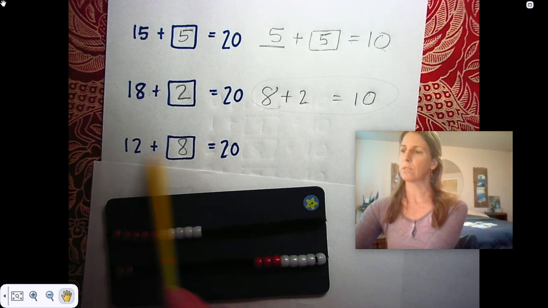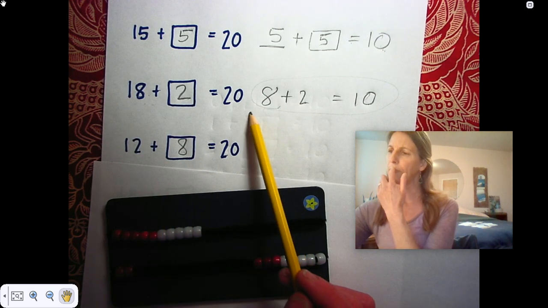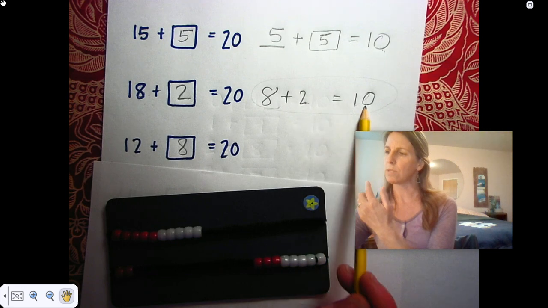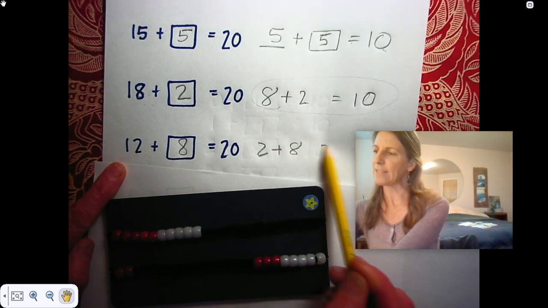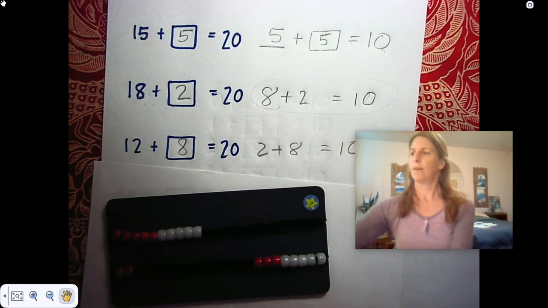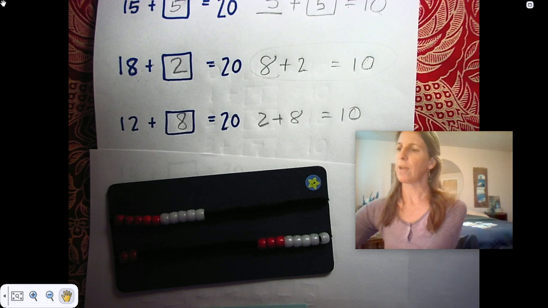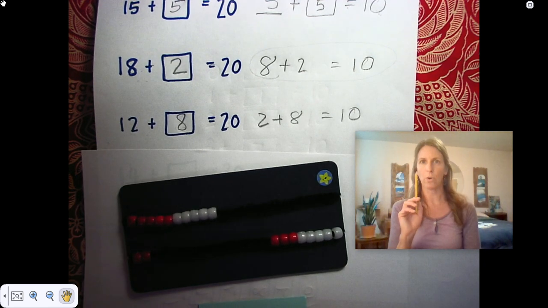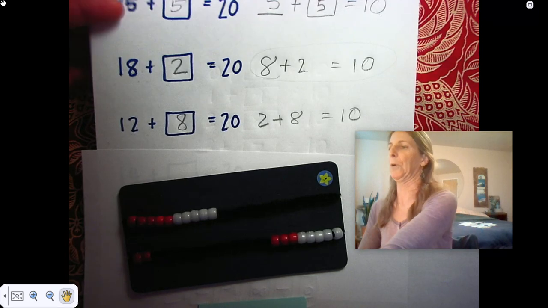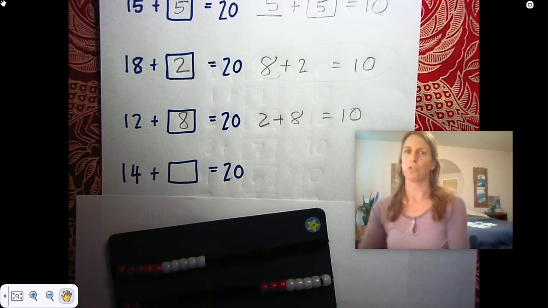Gosh, these numbers look very similar to those numbers up there because 8 plus 2 equals 10 and 2 plus 8 equals 10. I just am in the way all the time. All right. I think we have, let me check. Oh yeah, we have one more and then a challenge. Okay, here we go. Last one before the challenge.